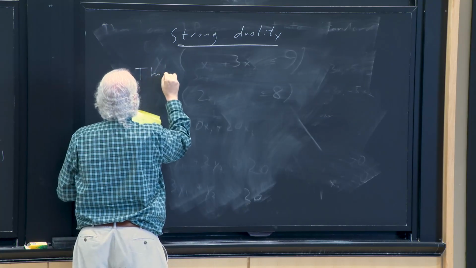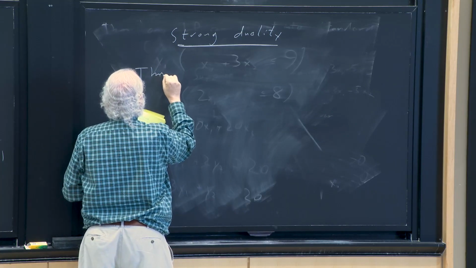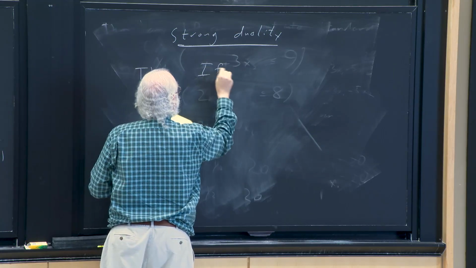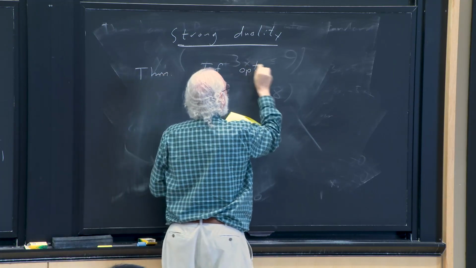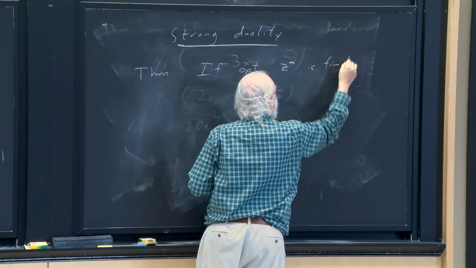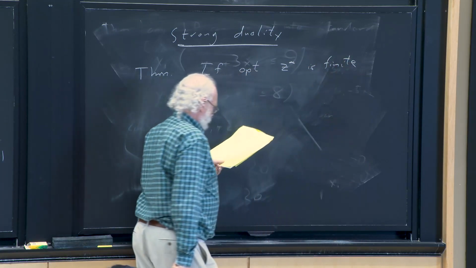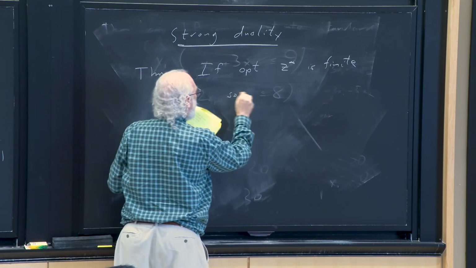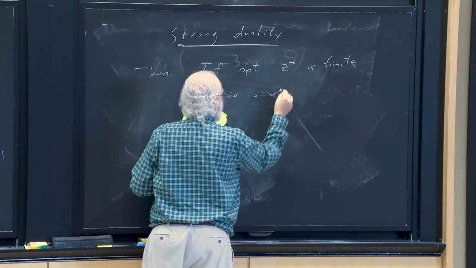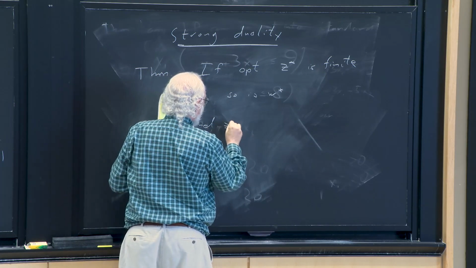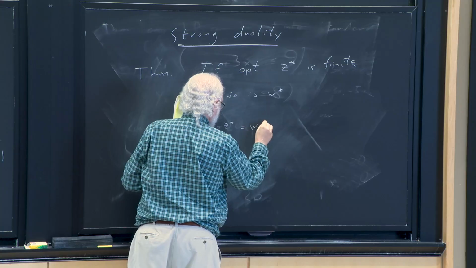Theorem: if the optimum Z star is finite, so is W star, and Z star is equal to W star.